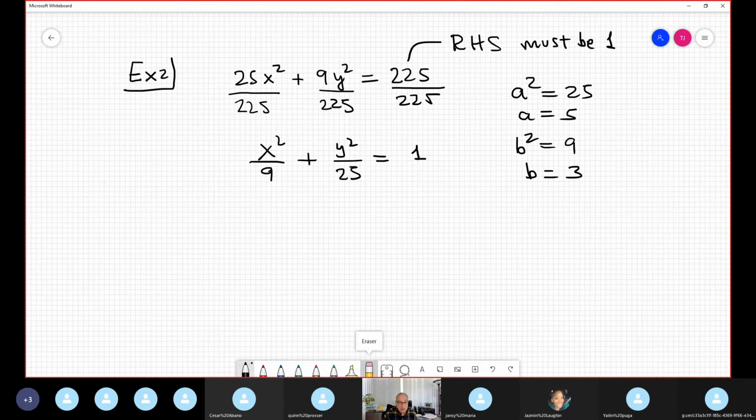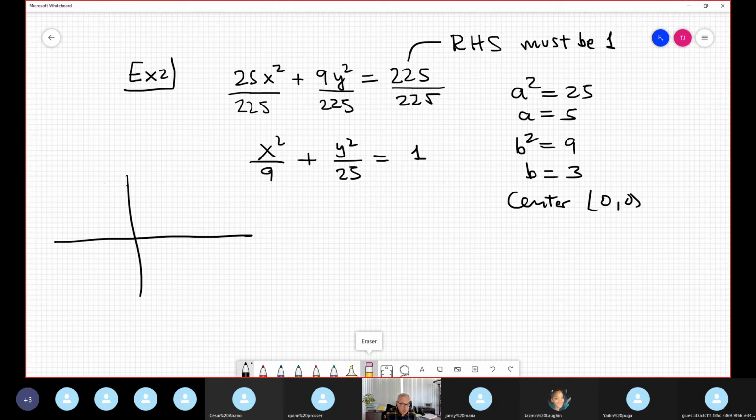By the way, the center is 0,0 because I don't see any translation. H and K are missing. So our ellipse, roughly sketched, looks like that.